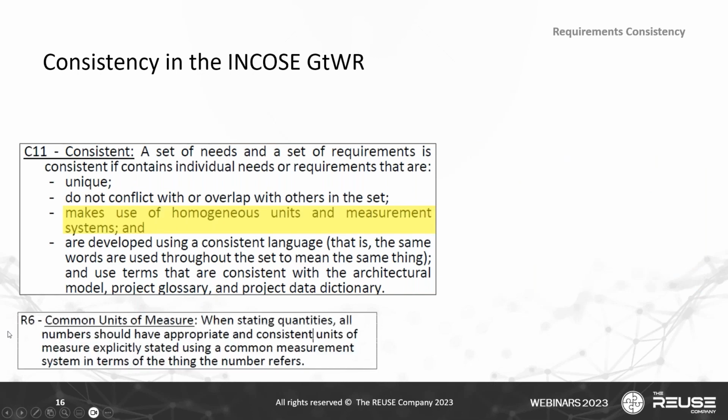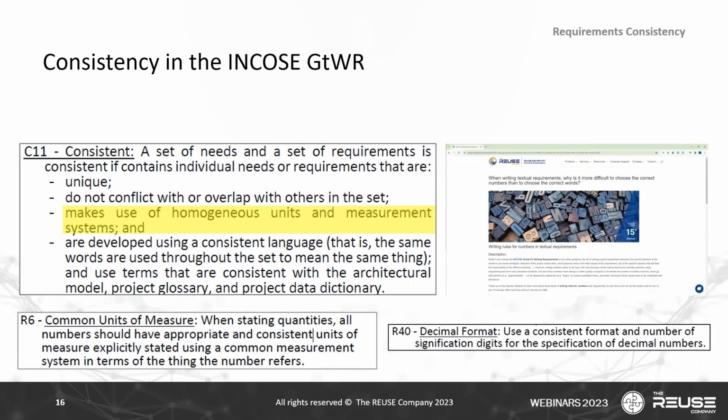Another aspect about consistency has to do with the way you deal with measurement units and measurement systems and these kind of things. The way you deal with decimal numbers to use them in a consistent way, the decimal point or the decimal comma to be written in a consistent way. I also performed a very short webinar about how to deal with numbers in your textual requirements to guarantee consistency all along your specifications.